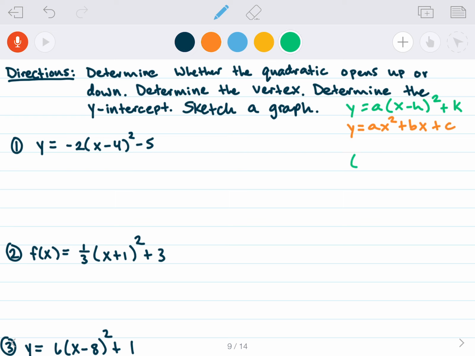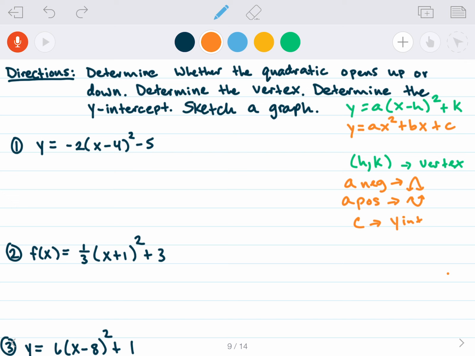We know that (h, k) is the vertex. We know that if a is negative, we have it opening down. If a is positive, we have it opening up. And what else did we need to know? Oh, and the y-intercept is c from standard form. All right. So that's what we need to do here.